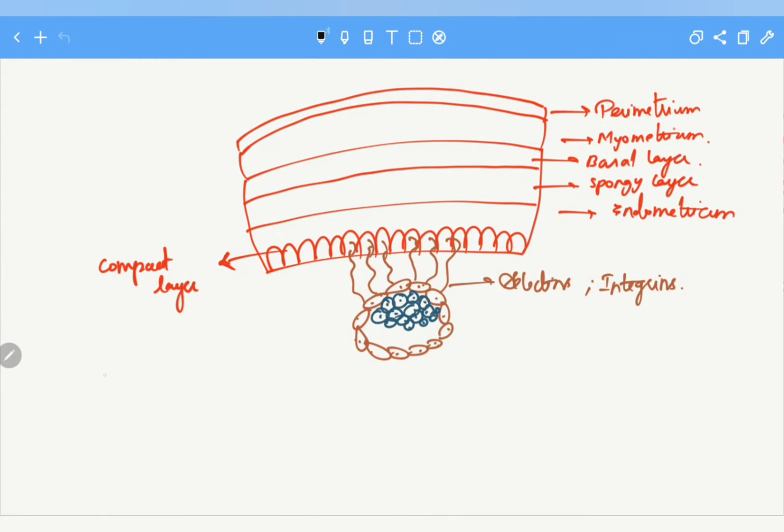As I already said, on the 6th day implantation occurs. During the consequent days, that is 7th, 8th, 9th day, it gets through the endometrium.